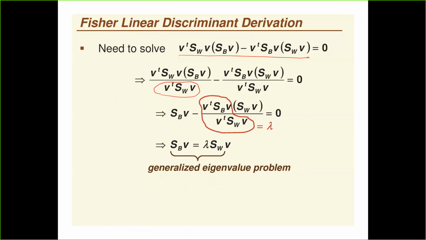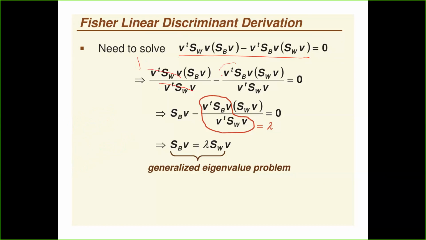Yes, sir. Now you see this V transpose SWV. This is a scalar, because this is 1 by d, this is d by d, and this is d by 1. So altogether you are getting 1 by 1, which is a scalar, right? So this and this get cancelled. You will get 1.